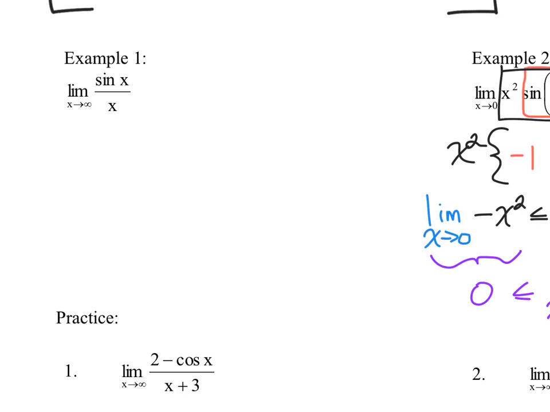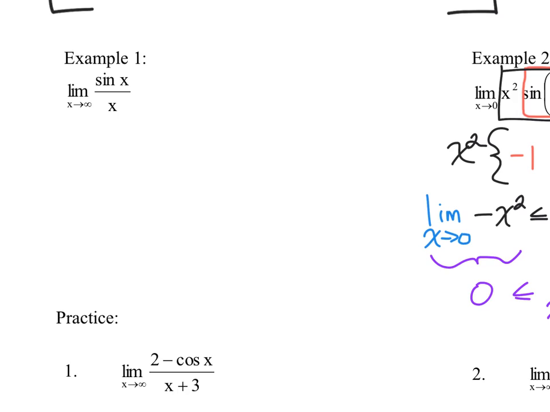If you remember your special limit rules for trig, you might remember that the limit as x approaches 0 of sine x over x is equal to 1, and that's illustrated here. But as x approaches infinity, definitely not 1, we're going out in the positive direction. It's just a question of, is this leveling off, or is it going to oscillate back and forth?